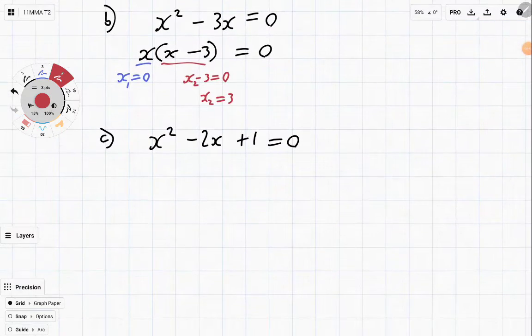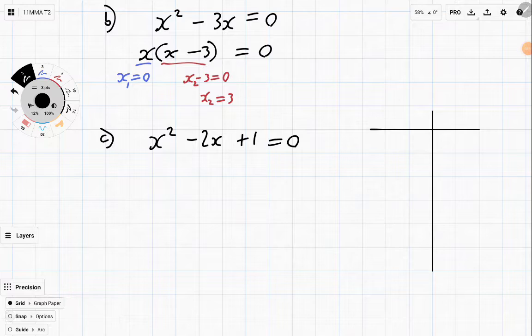Let's have a look at one more. This one we actually do have to do full decomposition. So let's quickly go through and do it. T chart up, times to AC. 1 times 1 is 1, so we're looking for numbers that multiply to 1 and add to B, which adds to negative 2. So it's either 1 times 1 or it's negative 1 times negative 1.